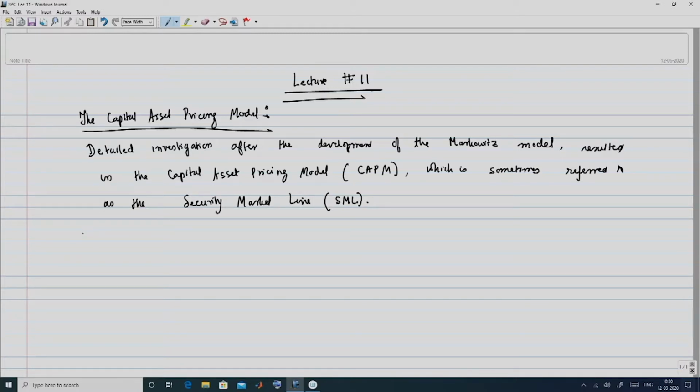Okay, now this framework of CAPM is based on certain elaborate list of assumptions, and we will enumerate them one by one.